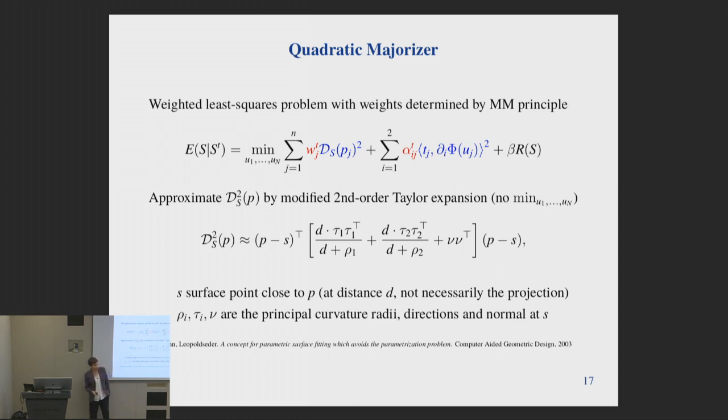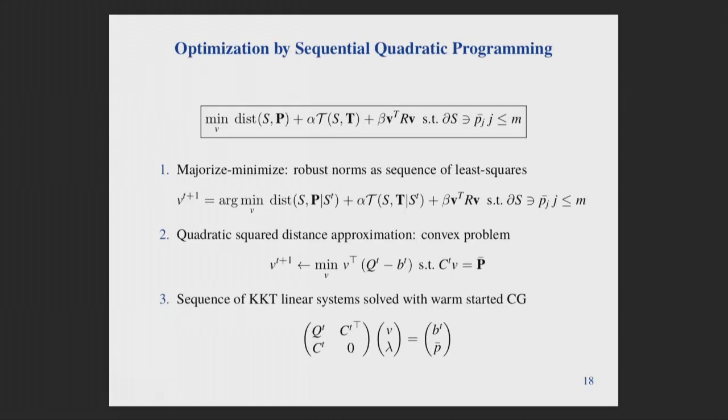And with a subdivision surface that is twice differentiable, you can evaluate all these functions through your spline basis quite fast. So we did that in order to get rid of these minimization variables, and then be able to have a convex formulation for an approximate problem like that. And once we have that, you can just write the KKT and solve it.